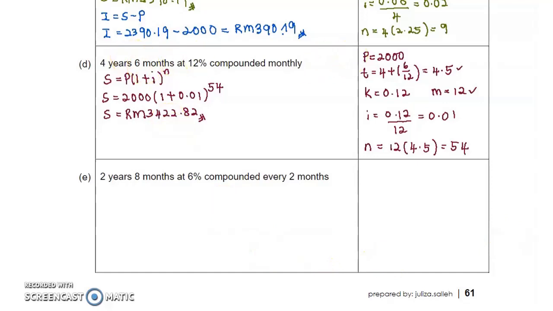Interest I equal to S minus P. 3422.82 minus 2000 is RM 1422.82.